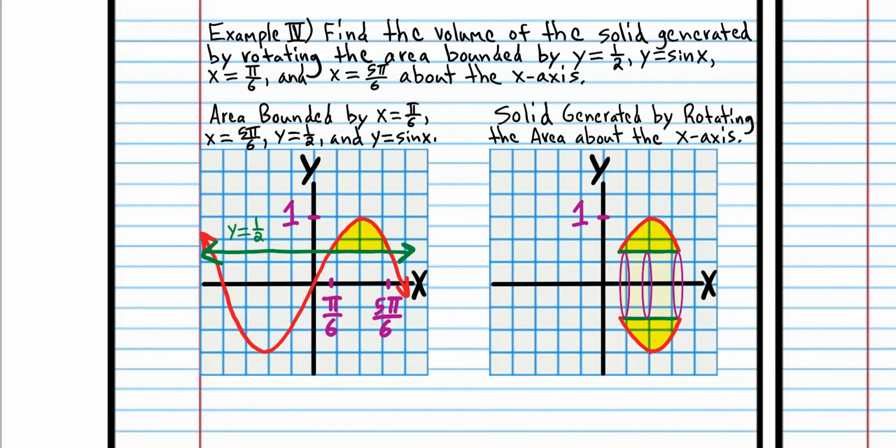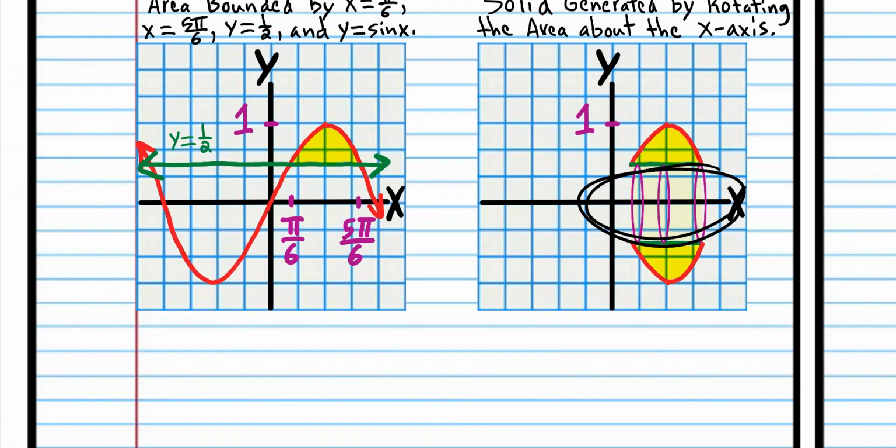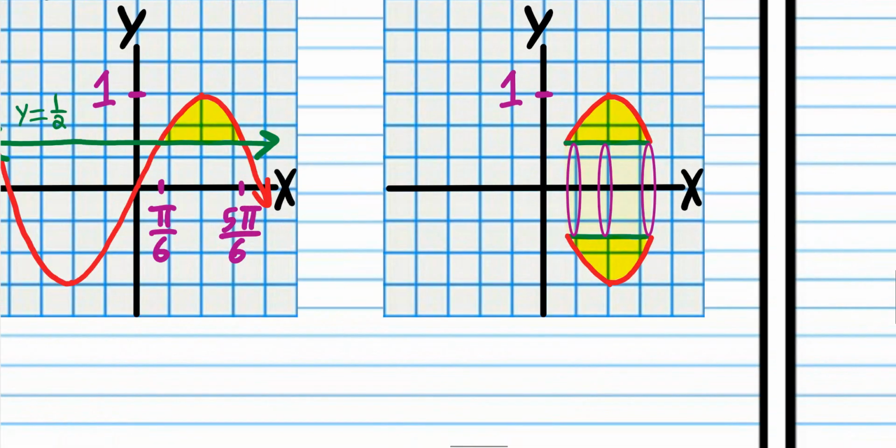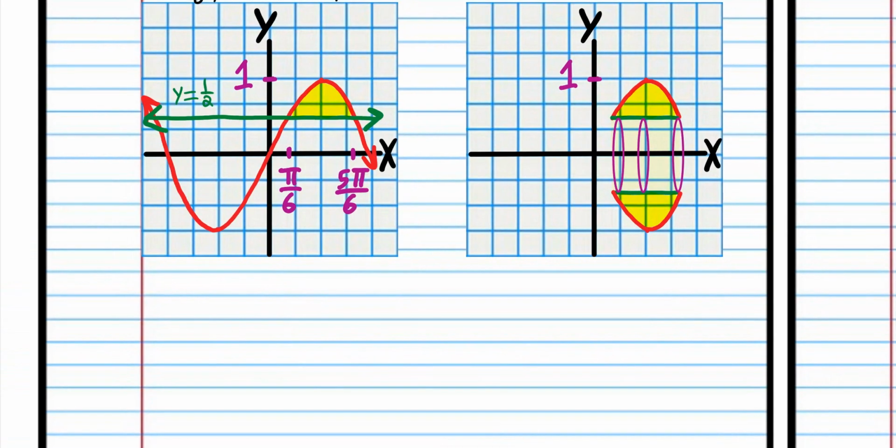So now we have the area bounded by these graphs, and again, notice that this area is not up against the x-axis, so when you rotate it, there's going to be a hollow part in the middle. So what we're going to do is find the volume of washers like this, washers that have an outer radius and an inner radius, and we're going to add up the volume of those washers.